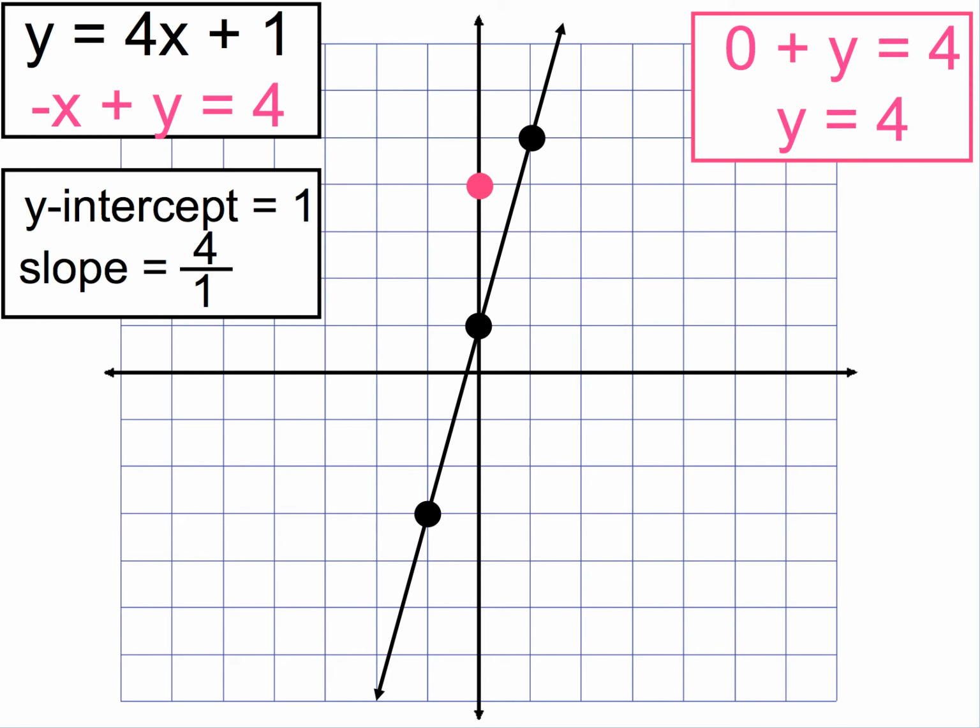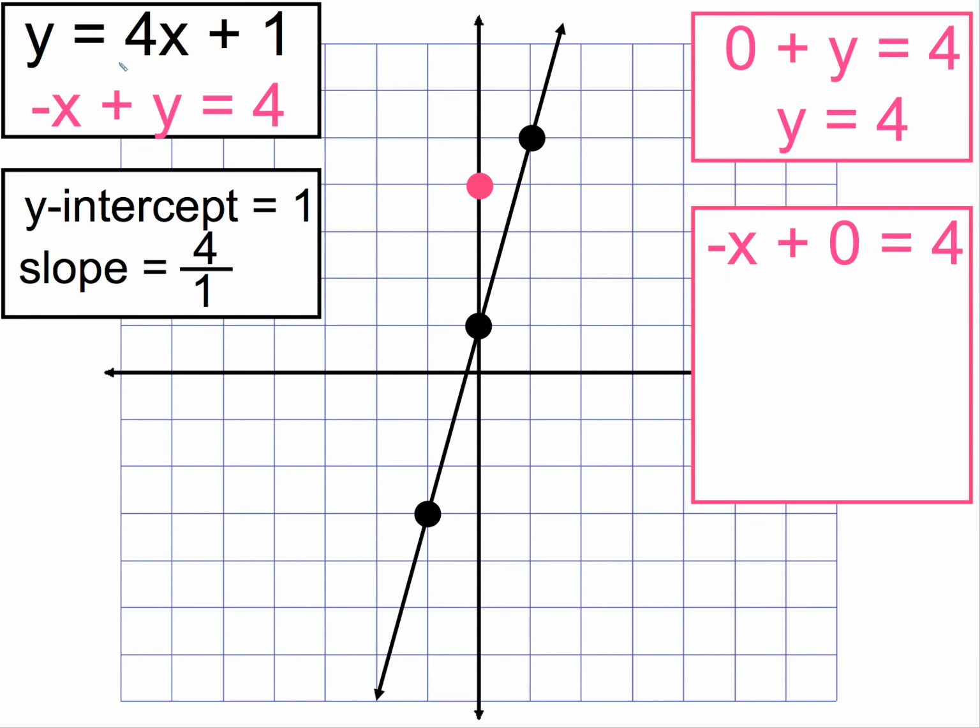And now let's do the same to figure out the x value. So in order to figure out the x-intercept, I plugged in 0 in place of y. So we have negative x plus 0 equals 4. And again, the 0 goes away, so I know that negative x equals 4. This is not done yet because there's still a negative 1 attached to that x, so I need to divide by negative 1 on both sides. That way the negatives cancel on the left, so I'm left with a positive x, and then 4 divided by negative 1 is negative 4.